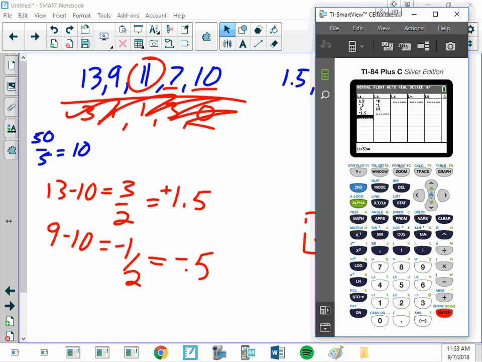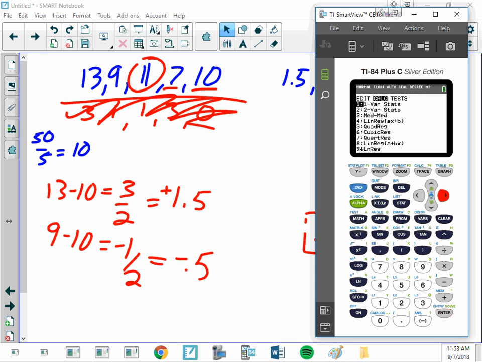Do I need to put the 0? Yes, because it involves the spread. If I remove the 0, what's going to happen to the SD? Which direction? If I take away 0, that makes it appear more spread out, so the SD is going to go up. So I need to put the 0 in there.